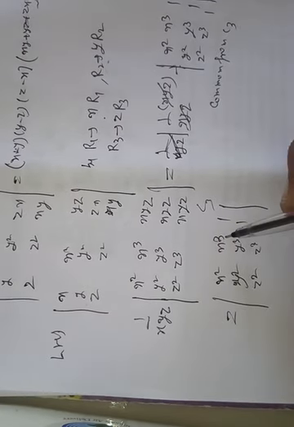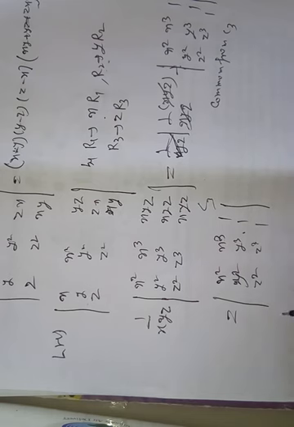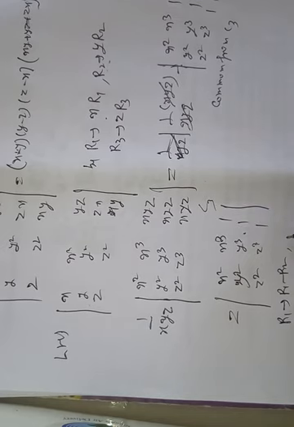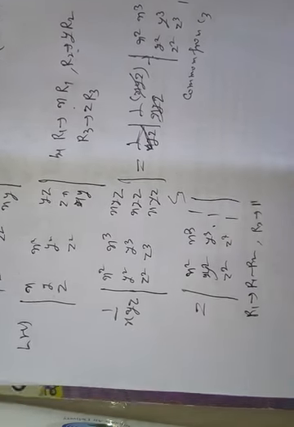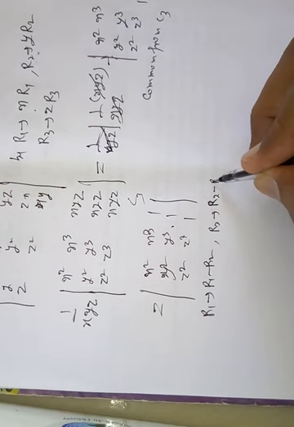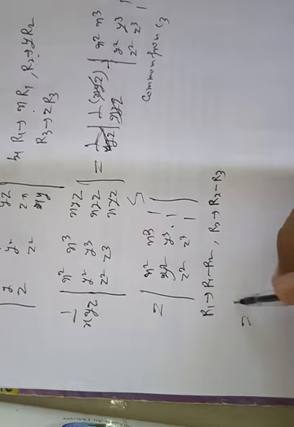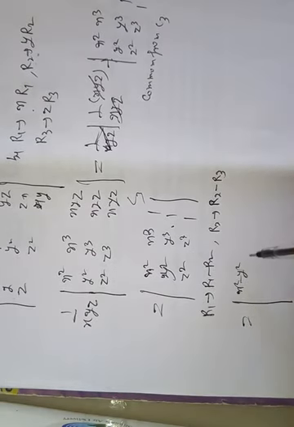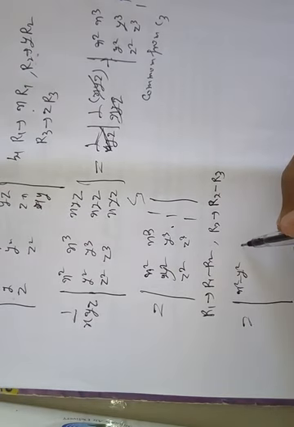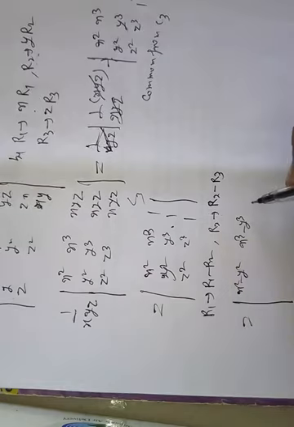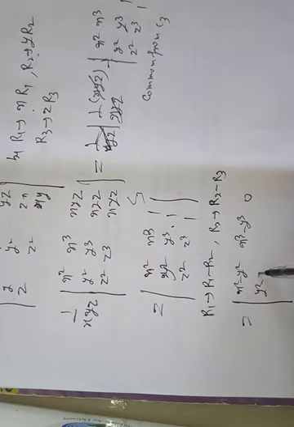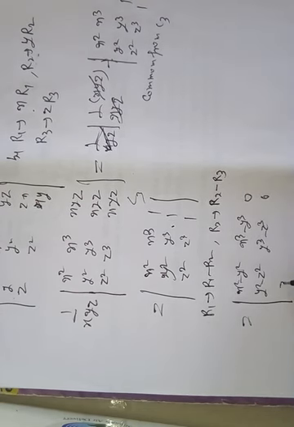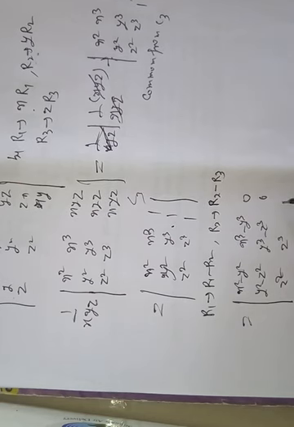R1 tends to R1 minus R2 and R2 tends to R2 minus R3. Use this formula. R1 minus R2: x square minus y square, x cube minus y cube, 1 minus 1 is 0. And y square minus z square, y cube minus z cube, and 0. And z square, z cube, and 1.